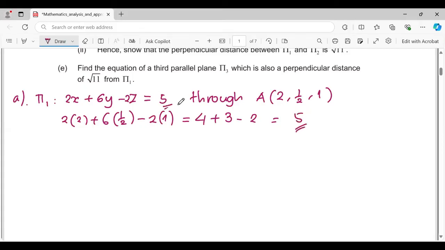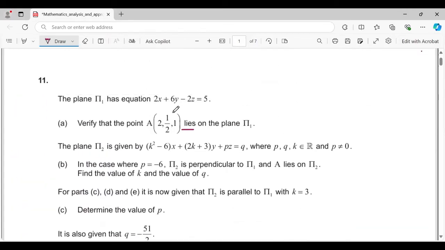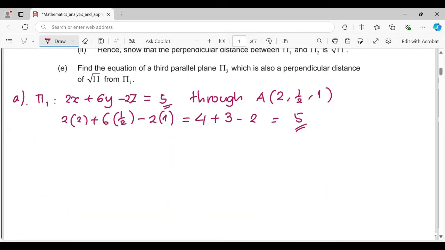Proof that it is 5. So based on the question, coordinate point A lies on plane pi 1. B.